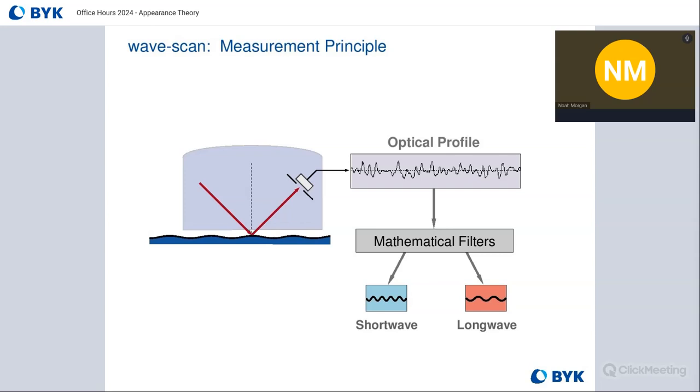Once we have that optical profile, we put that data through mathematical filters, and that's how we get the short wave and long wave. It's essentially just broken up into different scales. The short wave and long wave are referred to as the classical ranges, or classical scales, because they're no longer looked at in a lot of industry, due to some shortcomings with these types of scales.